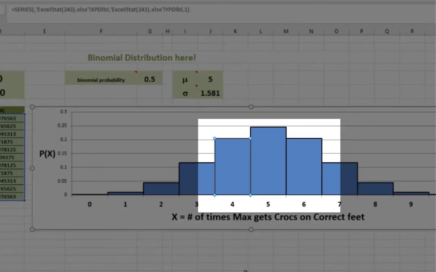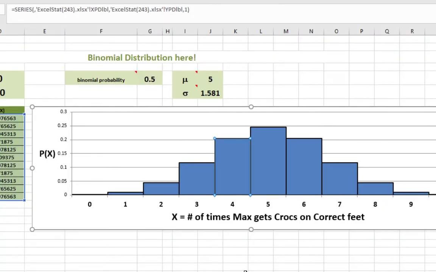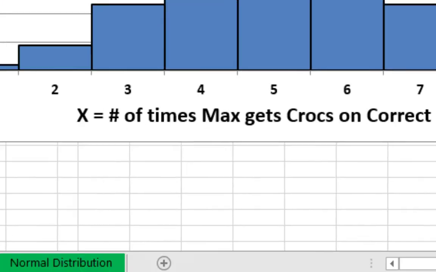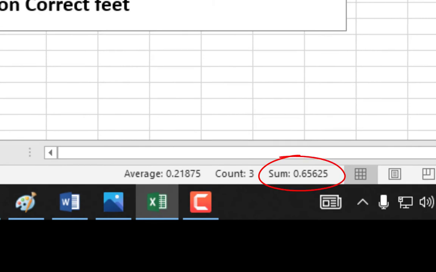And that, as you might remember from the discussion we had about standard deviation, would be considered the typical range of values. As a matter of fact, if we consider 4, 5, and 6, the chance of those 3, if you look down here to the sum, that sums to about 65, almost 66%.